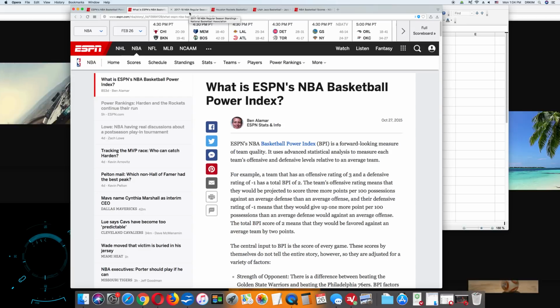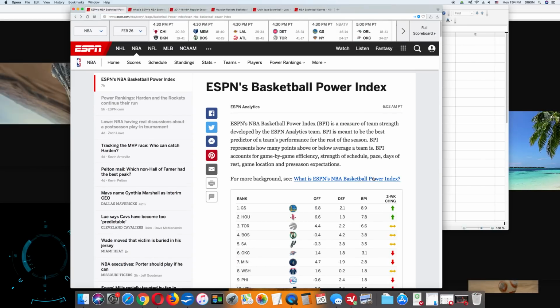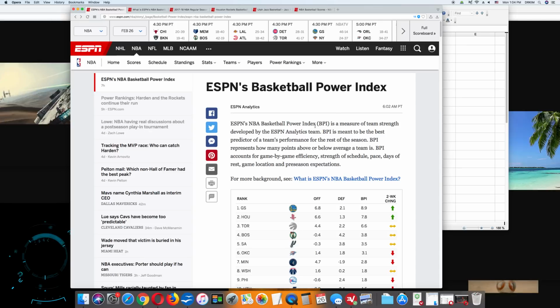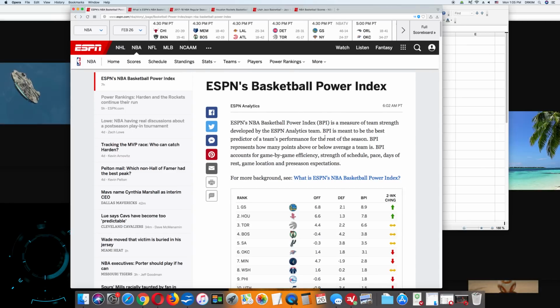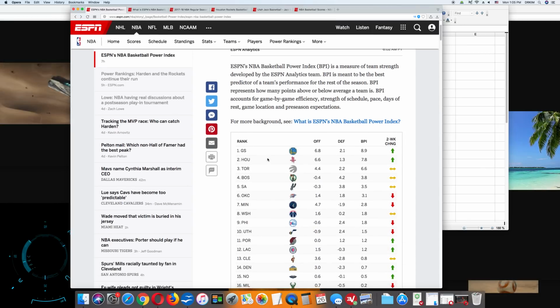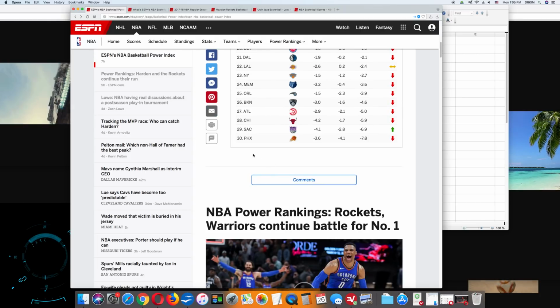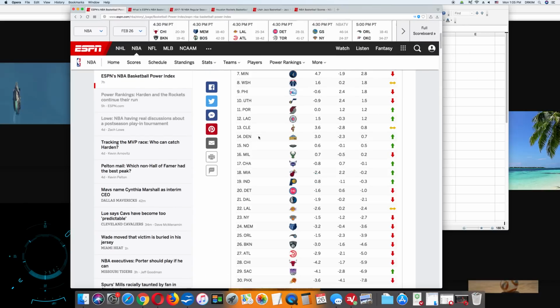So, this morning, today, February 26, 2018, ESPN published an updated Basketball Power Index, BPI, listing. Number 1, you have Golden State. Number 2, Houston. Number 3, Toronto. Number 4, Boston. And at the bottom, you have Phoenix, Sacramento, and Chicago.